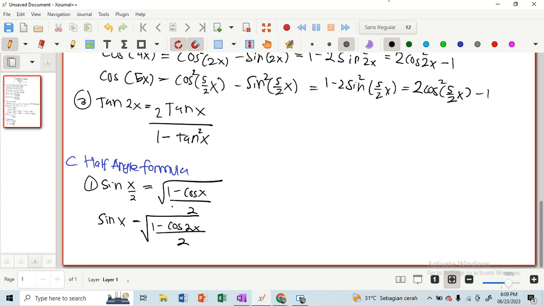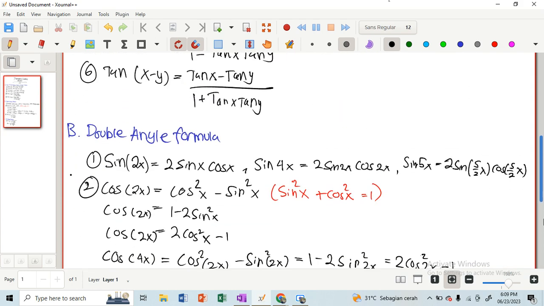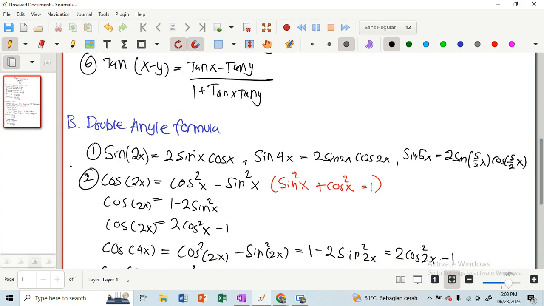The difference between this half angle formula and the double angle formula is that for the double angle formula, you write the right-hand side with the angle that is half of the initial angle.